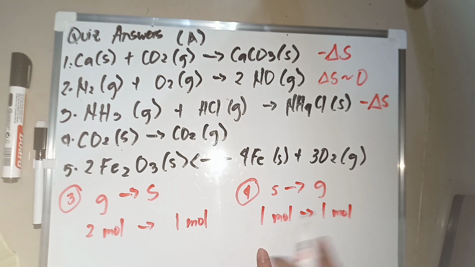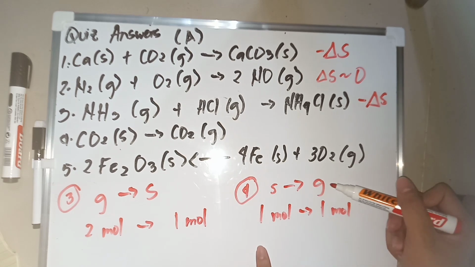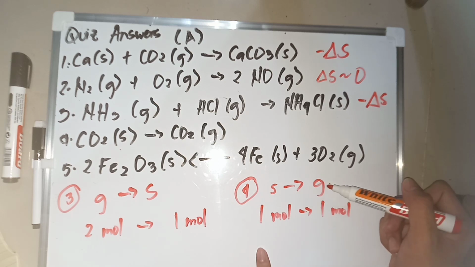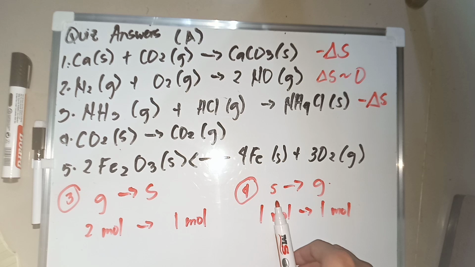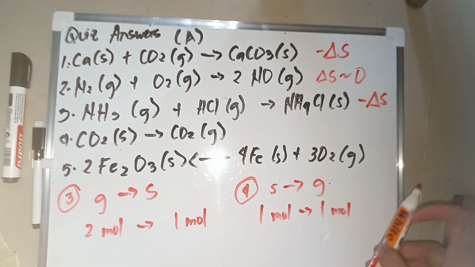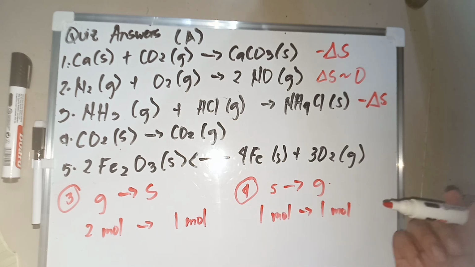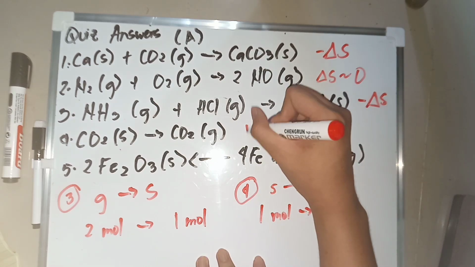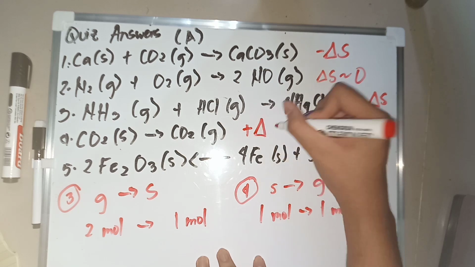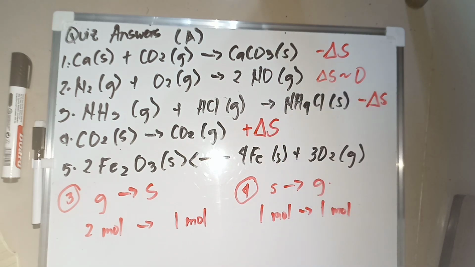So we're going to look at the phase. We know from the chart earlier that going from solid to liquid to gas is an increase in entropy, meaning number 4 will have an increase in entropy.